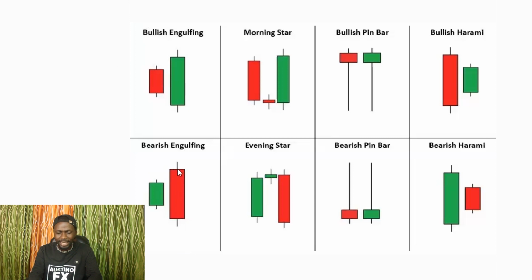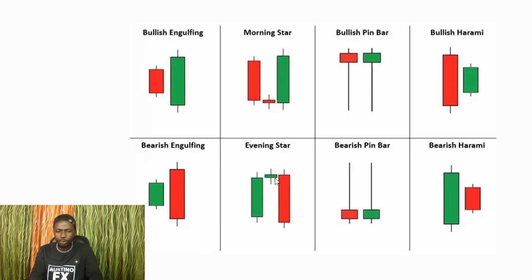So once you identify this at a resistance level, you have to take a sell trade, but you have to wait for this red candle to close for you to place a sell trade. So once this red candle closes, you place a sell trade here, and your stop loss must be above the resistance level. So this bearish engulfing pattern must be identified at the resistance level after an uptrend.